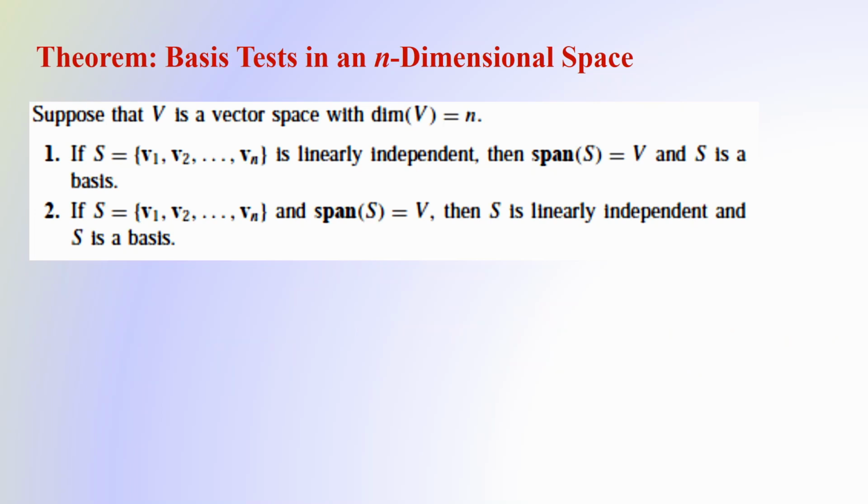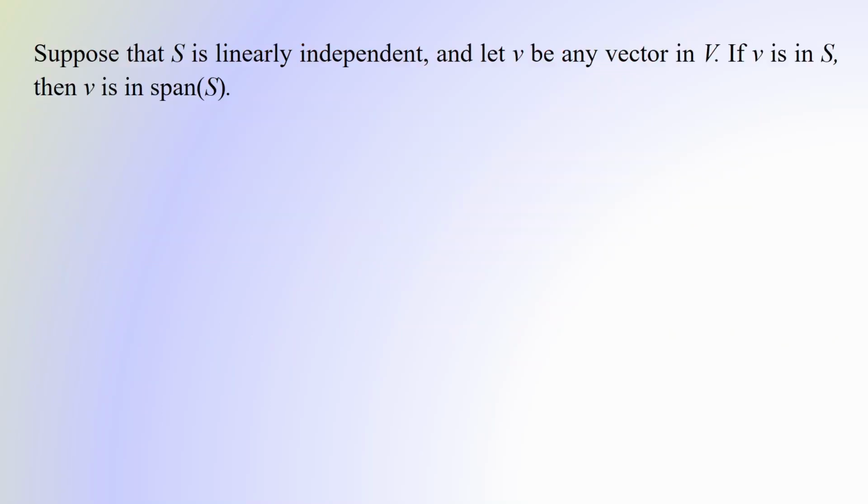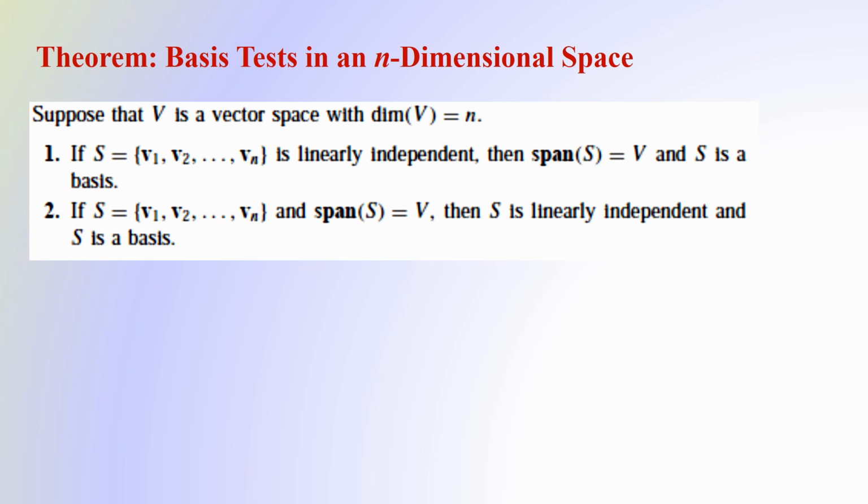So let's see how to prove this theorem. The first part says that if S is linearly independent, then span S is equal to V. So we have to prove that S spans V and S is a basis.